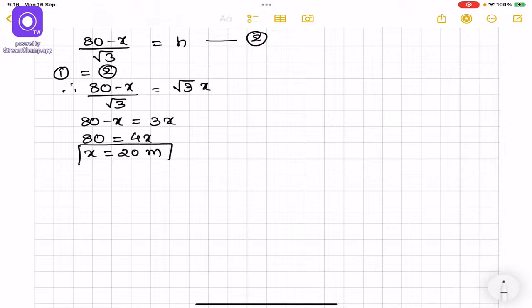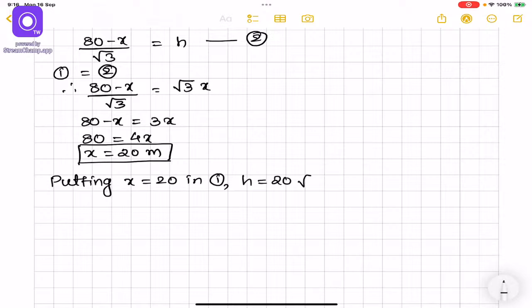So now the distance between M point and C point I got. Now he is asking to find h. So putting x equal to 20 in 1, h will be 20 root 3. So that is 20 into 1.73.